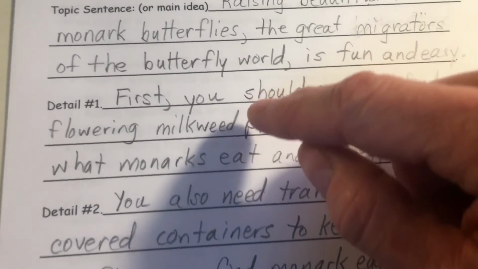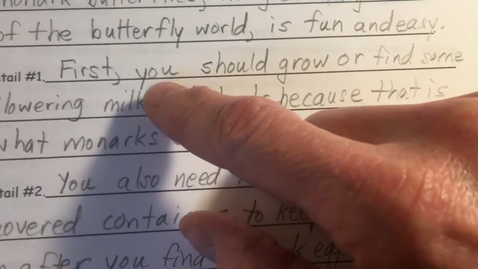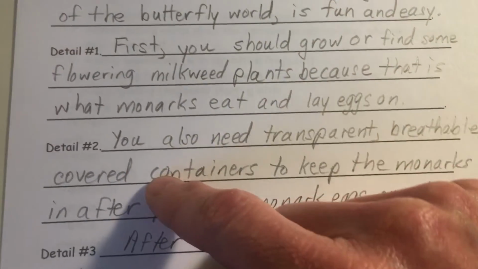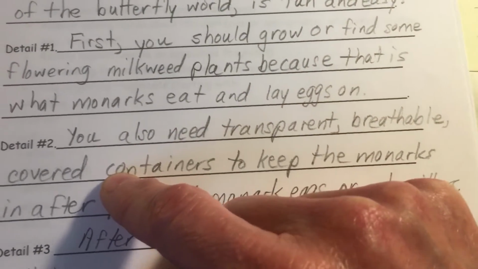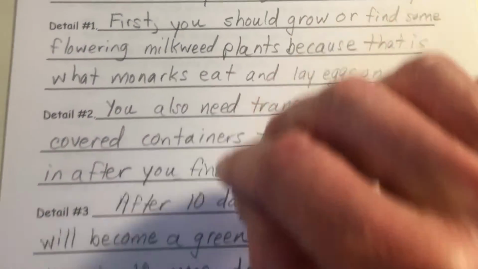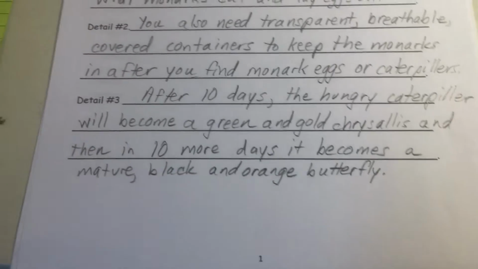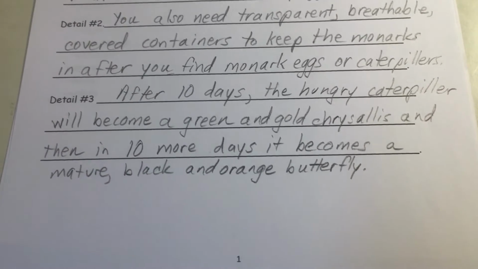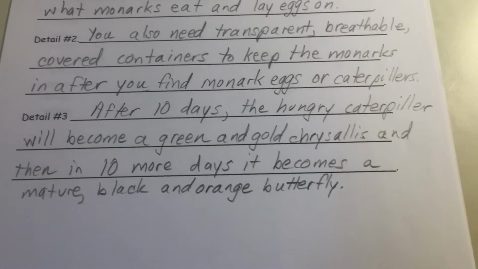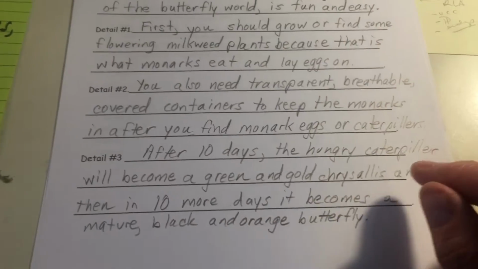In my case, my first detailed sentence is what you need first, right? What do you need first? Milkweed. What do you need second? The transparent, breathable, covered containers. So that is second. And then the third thing is after 10 days, the caterpillars become a chrysalis, and after 10 more days, they become butterflies. So in my case, the sentence order made sense.